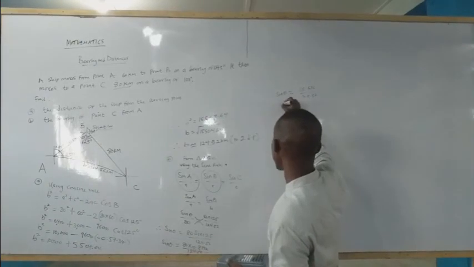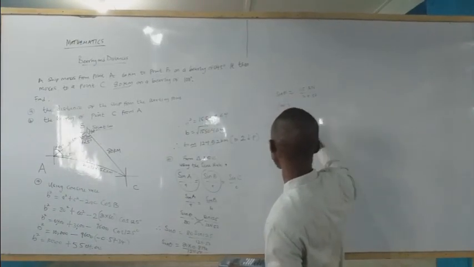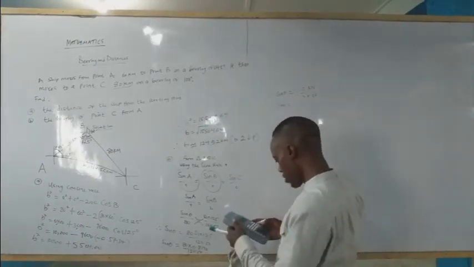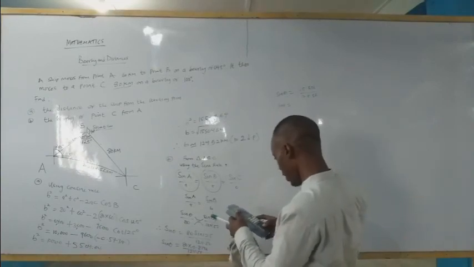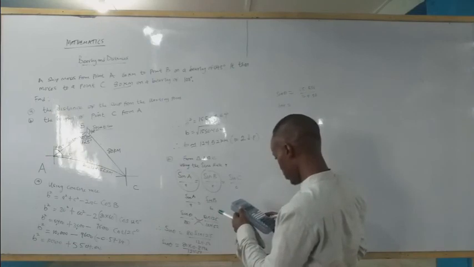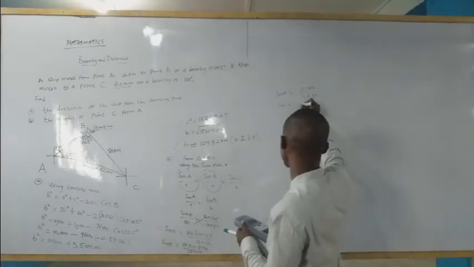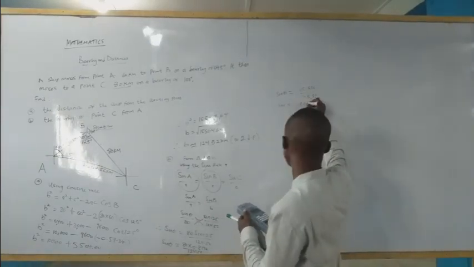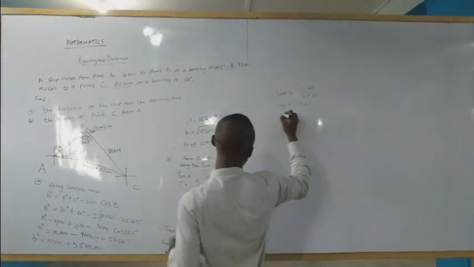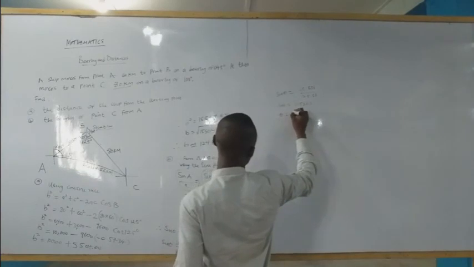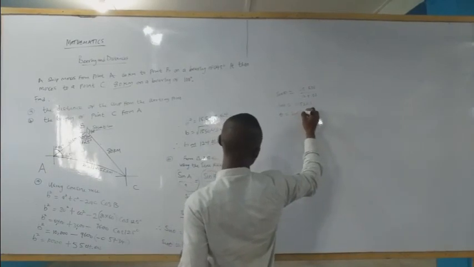So our sine theta then is equals to, when you divide this by 124.52, you have 0.5263. Therefore, our theta is then equals to arc sine 0.5263.